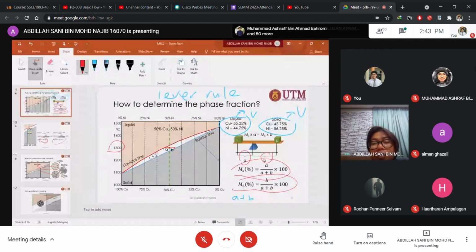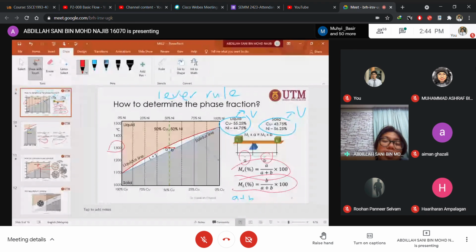fraction. From the tie line, you have A from the point of our composition to the liquidus line, if we regard it as A, and from this point to the solidus line, we take it as B. So what happened? We use the opposite. If you want to know about the liquid, you take B, the one here, okay?